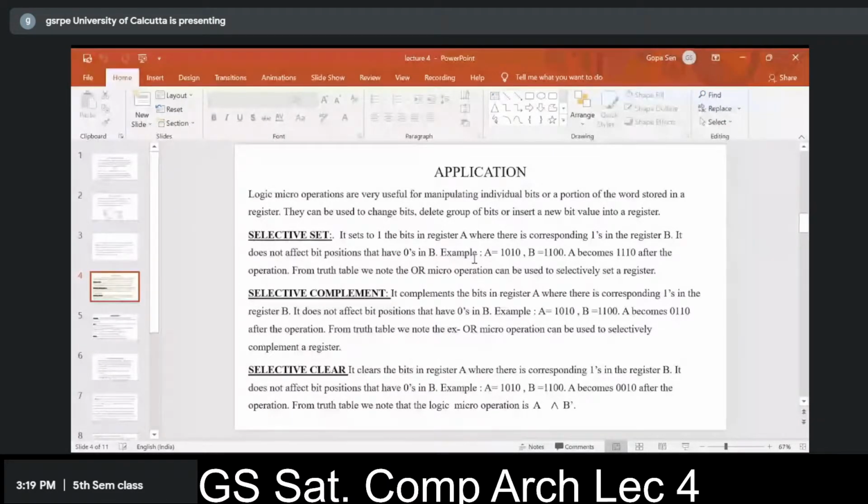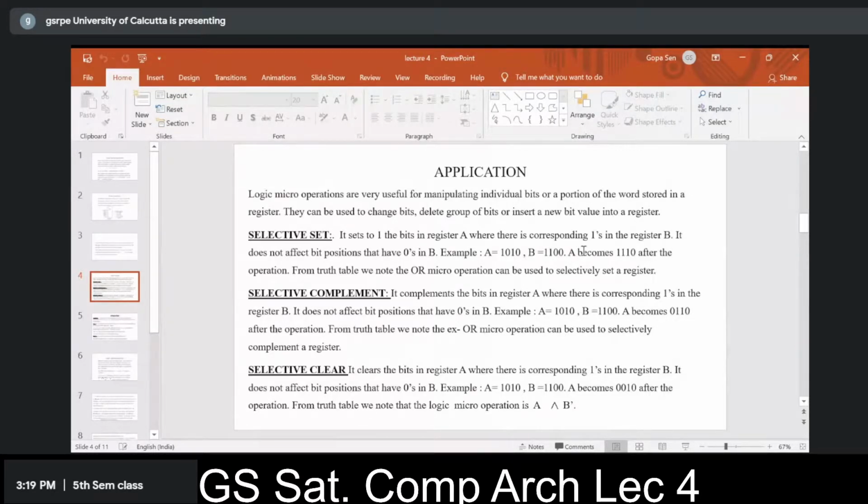Say you have A is equal to 1010 and B is equal to 1100. Then what will be the value of A after selective set application? Initially A is 1010 and you have chosen B as 1100.